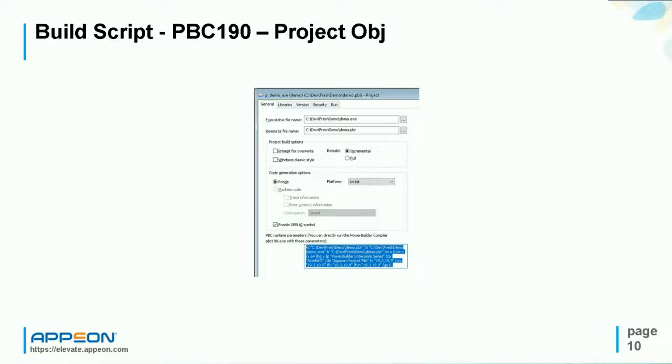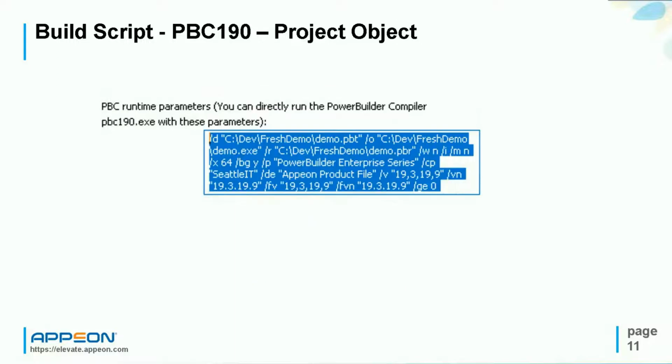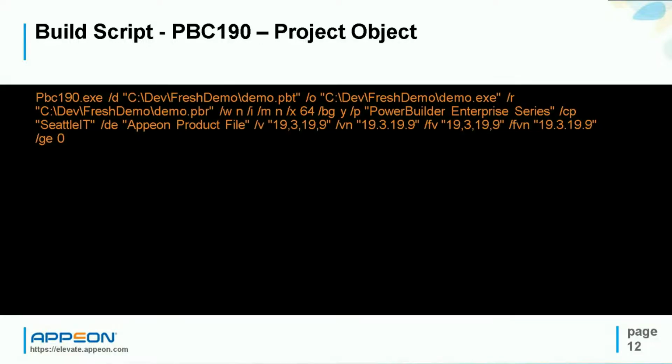So to build the script to do the PowerBuilder compile using PBC 190, you can simply open your project object, and down here at the bottom, here I'll zoom in on this part, it has the PBC runtime parameters, and the script is simply PBC 190 and all these parameters here.